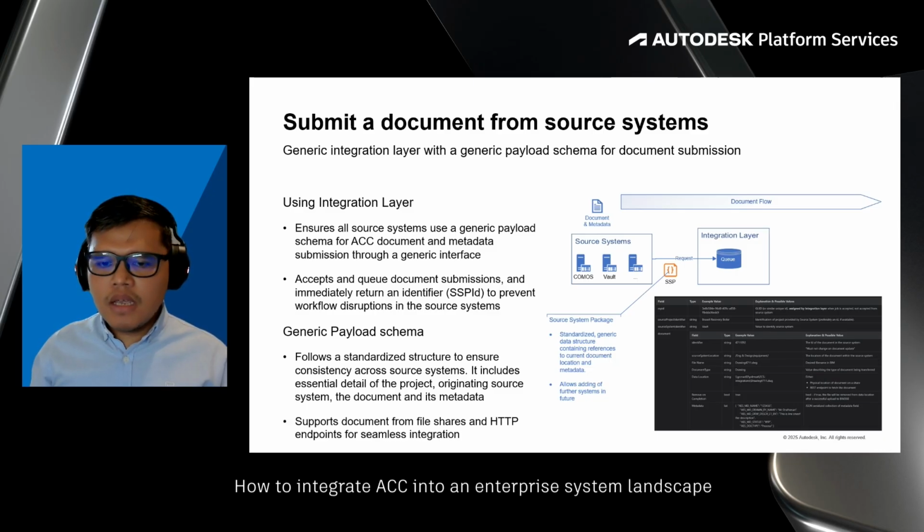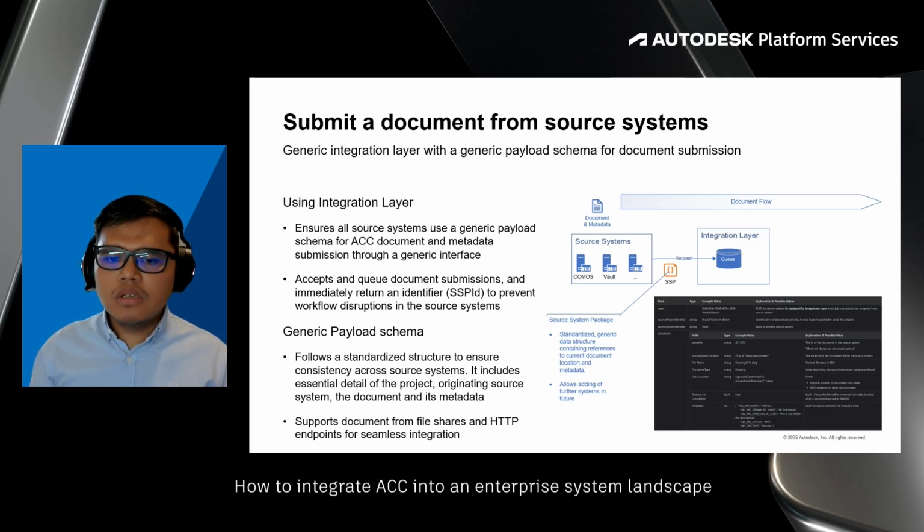Our integration layer accepts the request, validates it, and provides an identifier, and this identifier can be used by the source systems to track their submissions. What it means on the source system side is that they need to integrate to our integration layer using a generic payload schema. The generic payload schema is standard and consistent across different source systems.